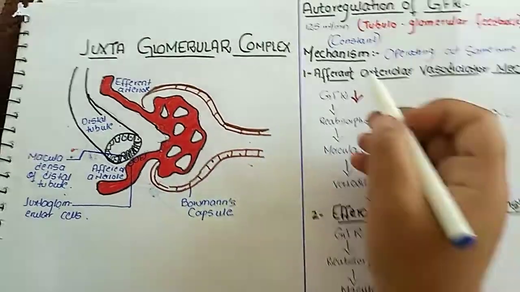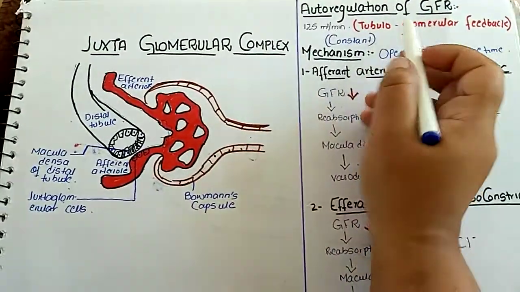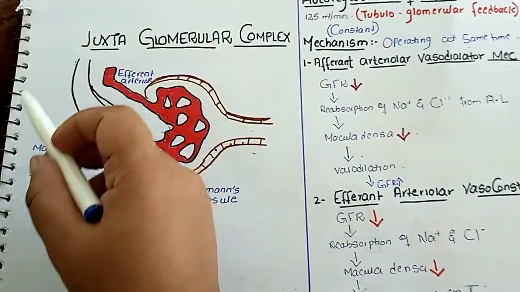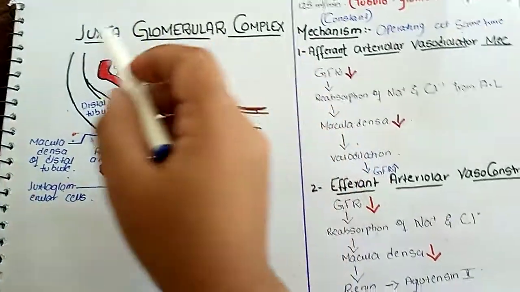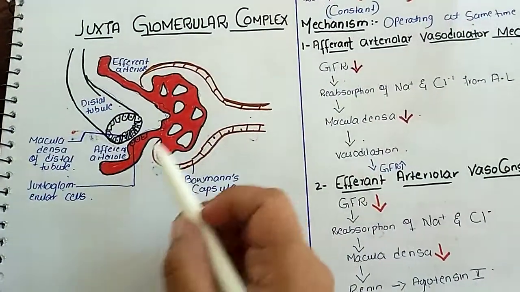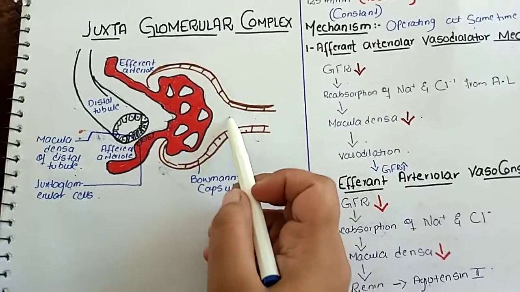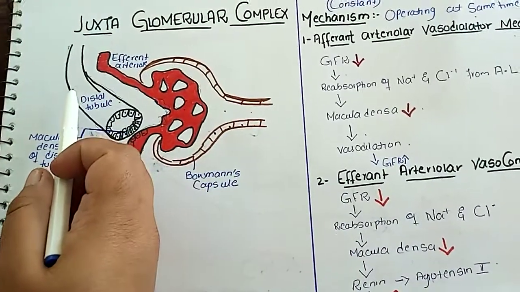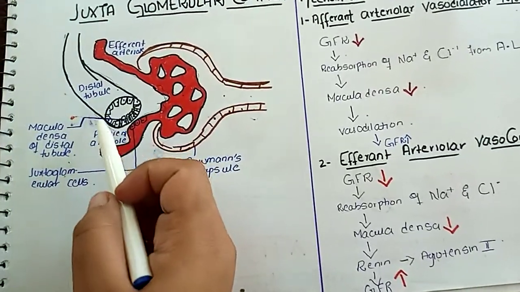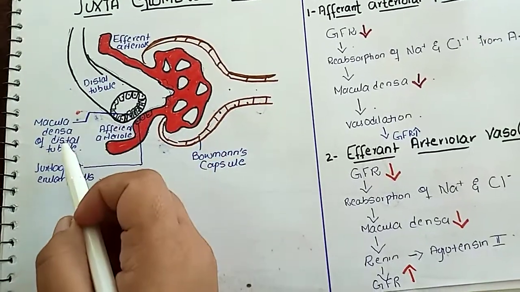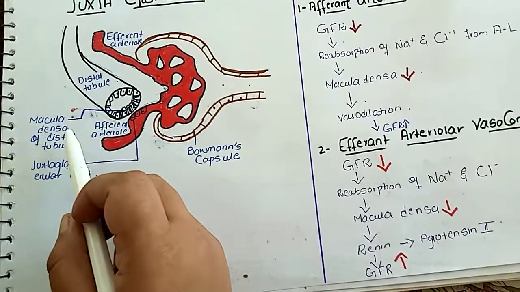Now I will explain the autoregulation of GFR by considering the juxtaglomerular complex. First I will explain this complex. This is the glomerulus. This is the Bowman's capsule, and I have told you before that at the initial portion of the distal tubule is the macula densa. What is the macula densa?